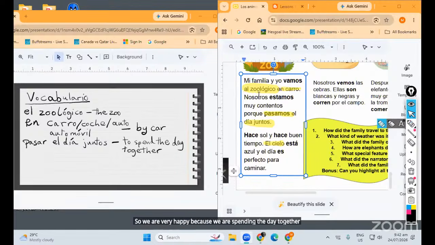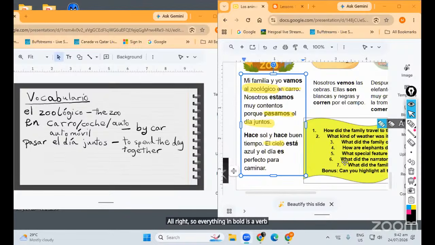Is the sentence below, is the second sentence, right? Caminar is to walk. El cielo is a good one. I meant to write that one down. Thank you. It means sky. Hacer comes from hacer. All right, so everything in bold is a verb.